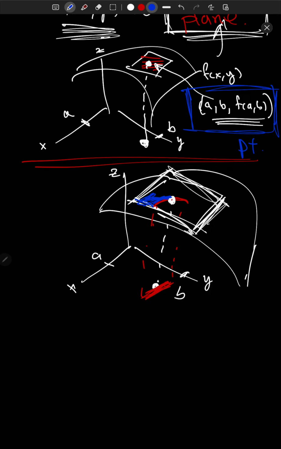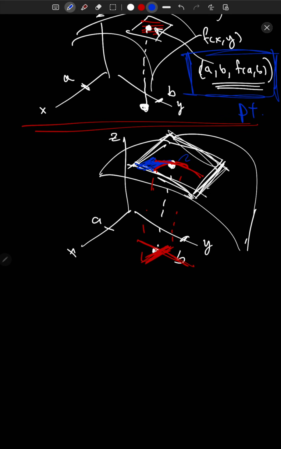In the same way, if I look in the y direction, above, I'm going to get a different curve. It's going to look like that. The tangent to that curve is also going to be on the plane. I kind of regret doing this all in the same picture.